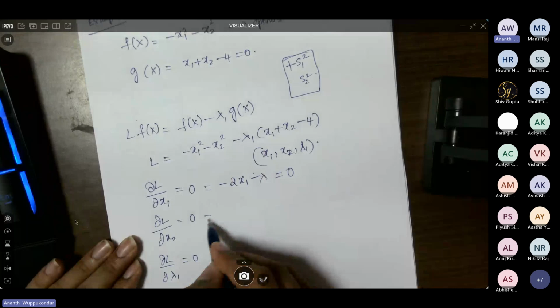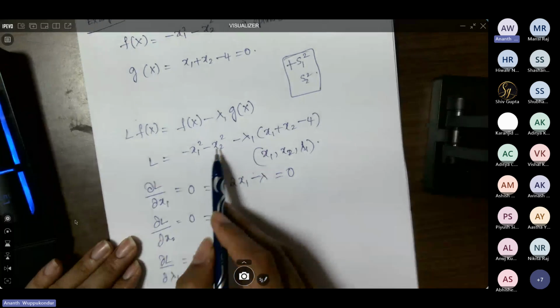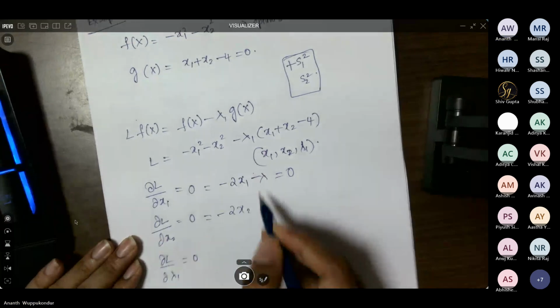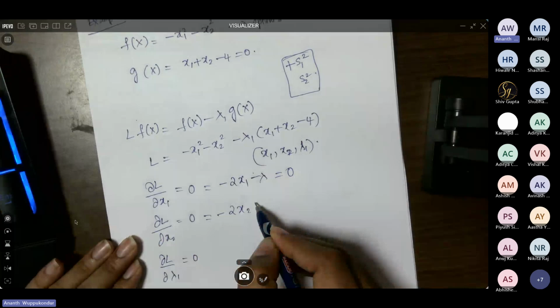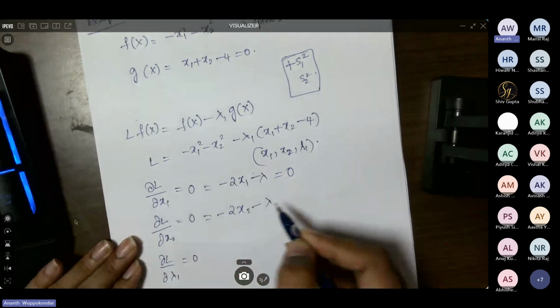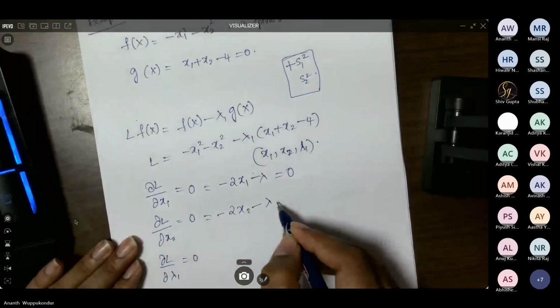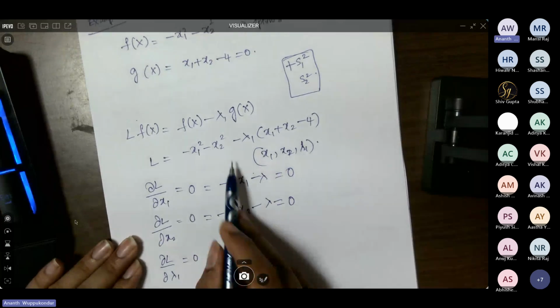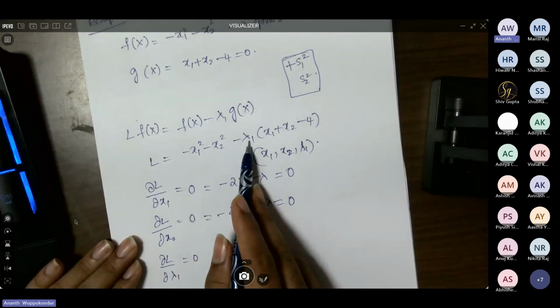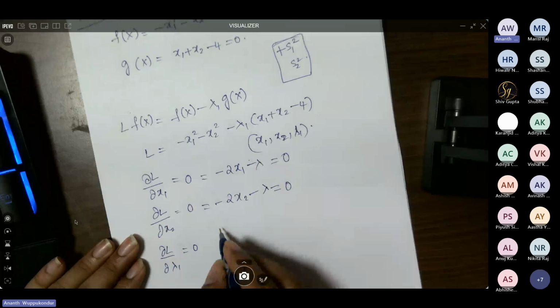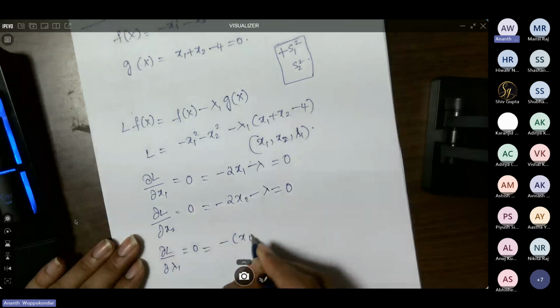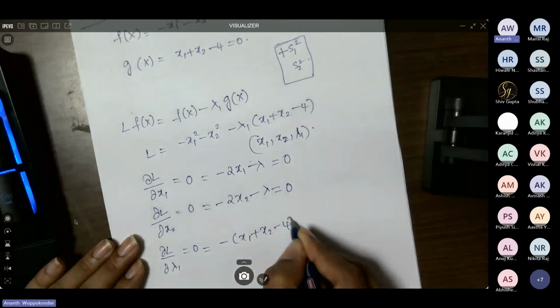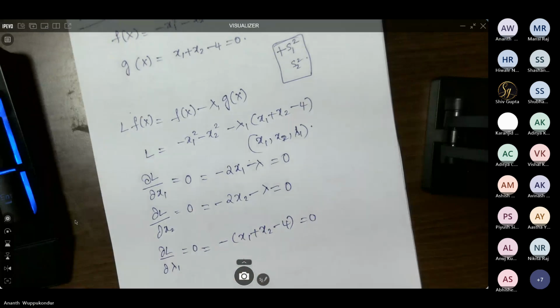If I differentiate with respect to x2, I have minus 2x2 minus lambda equals 0. And if I differentiate with respect to lambda, that is simply minus x1 minus x2 plus 4 equals 0.